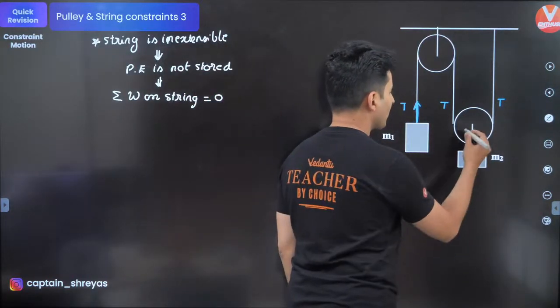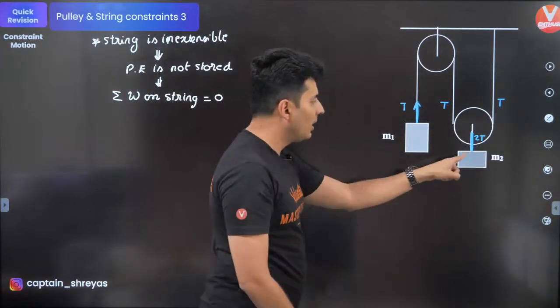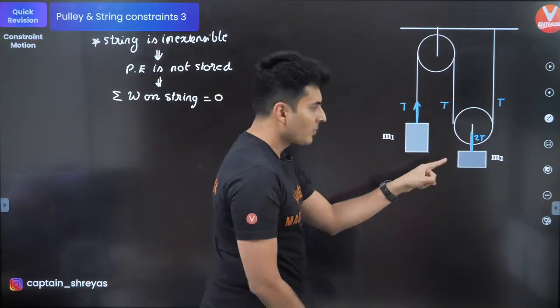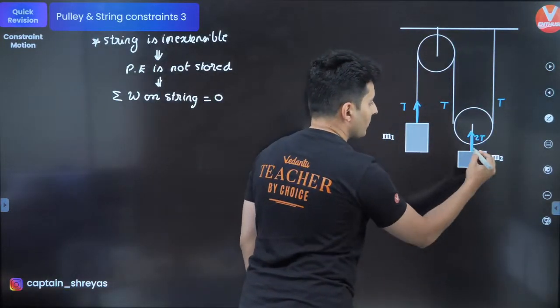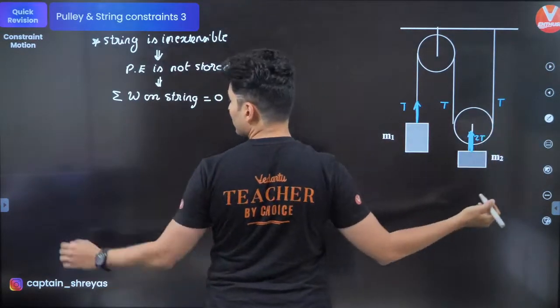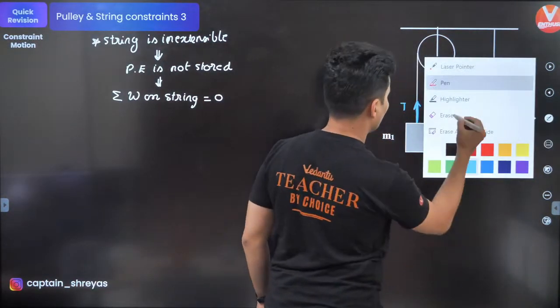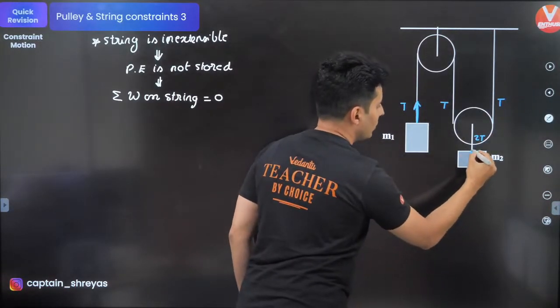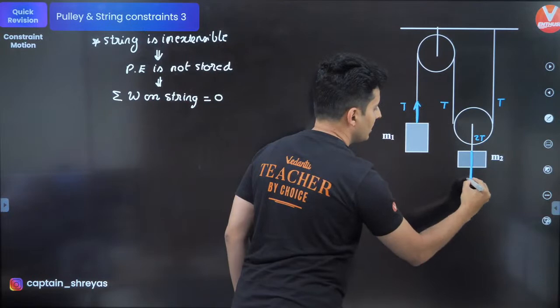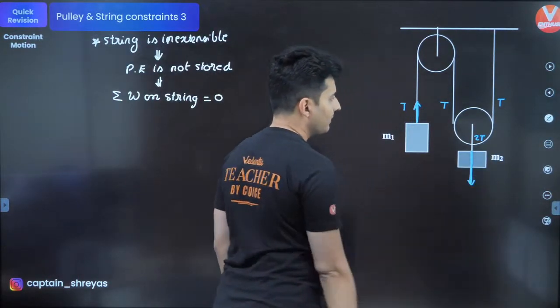Correct? If this is T, this is T, this will be 2T by the same logic I explained before. On the mass 2, where the string is attached over here, the tension will actually not be upwards, it will be downwards. On this point over here on the string, it will be like this. This will be 2T.